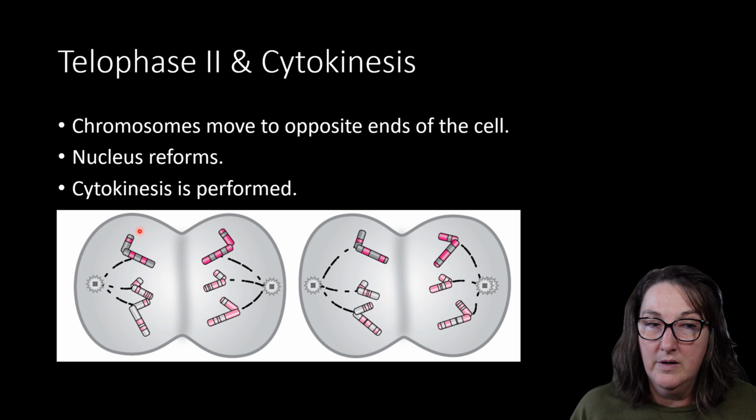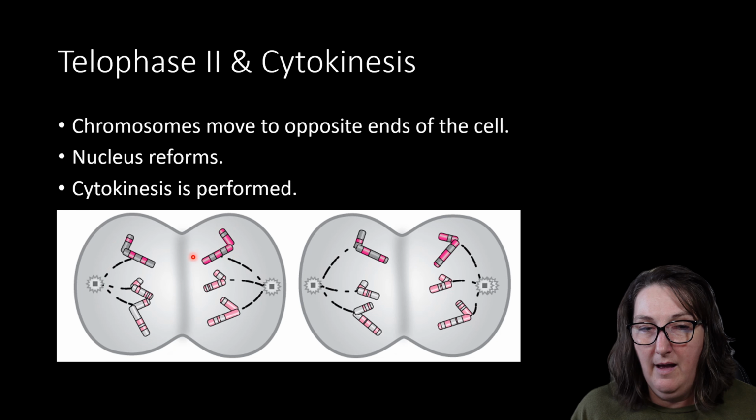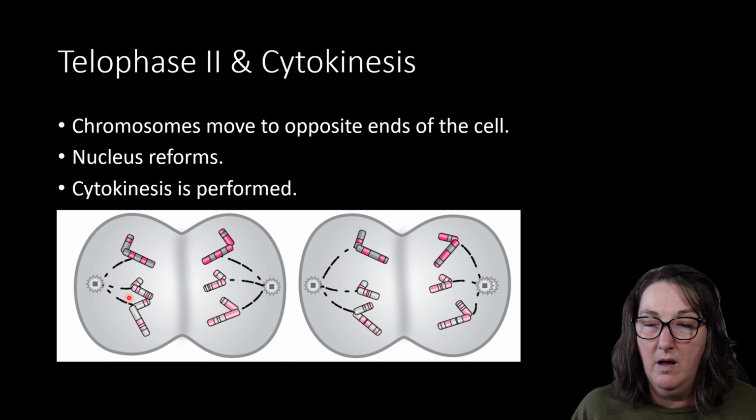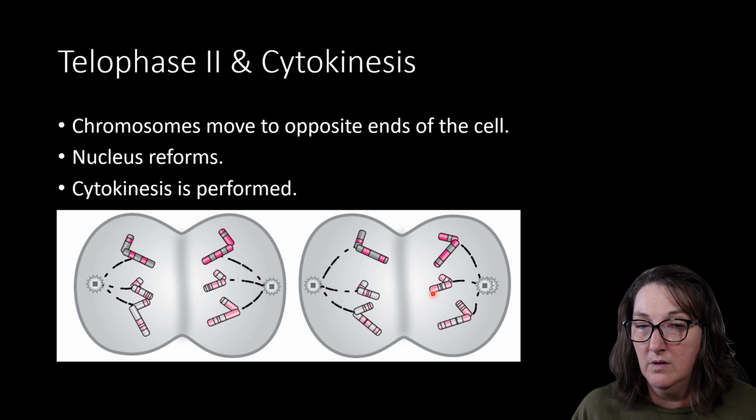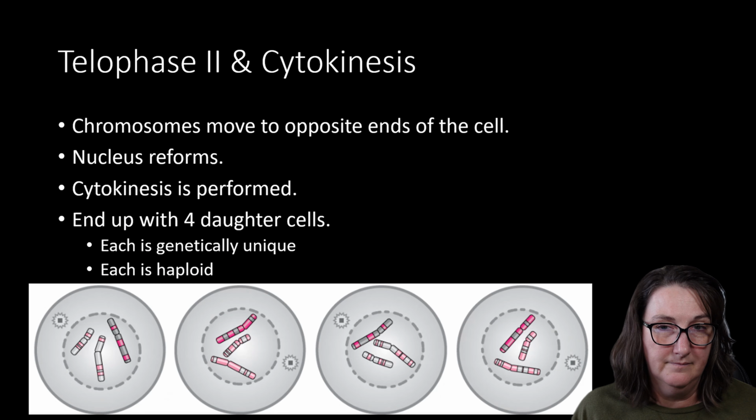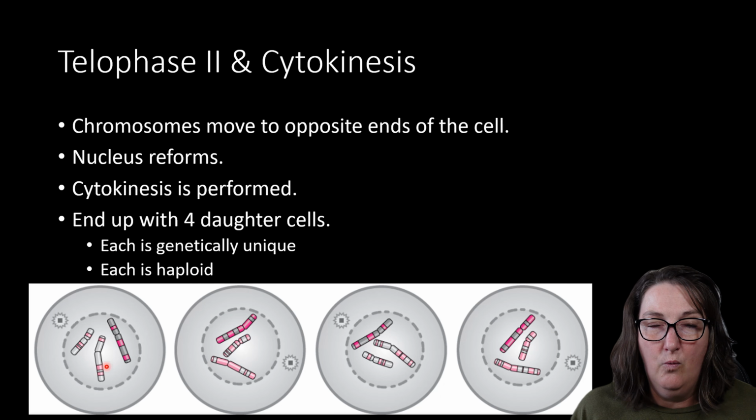Telophase 2, I'm going to rebuild my nuclear membrane. I'm going to have completely two different cells. And then cytokinesis is going to make sure all of my fluid, all of my material is equal on both sides. When I'm done with telophase 2 and cytokinesis, I'm going to have 4 individual, unique daughter cells.